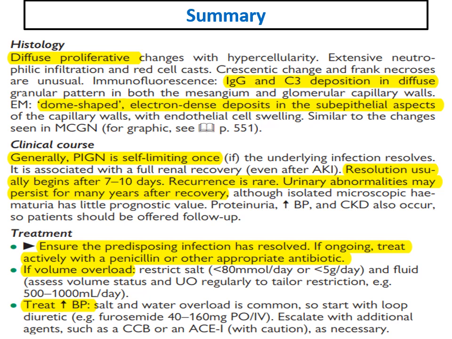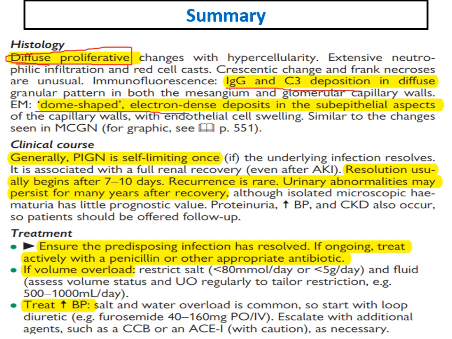In the renal biopsy, when needed, when the diagnosis is not confirmed, light microscopy shows a diffuse proliferative pattern. By immunofluorescence, we have typical C3 deposition, complement 3, and IgG deposition. In electron microscopy, we have subepithelial humps. Don't forget that.